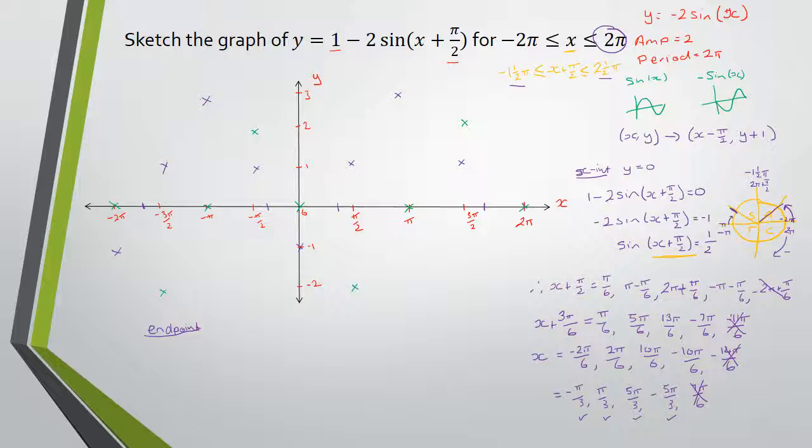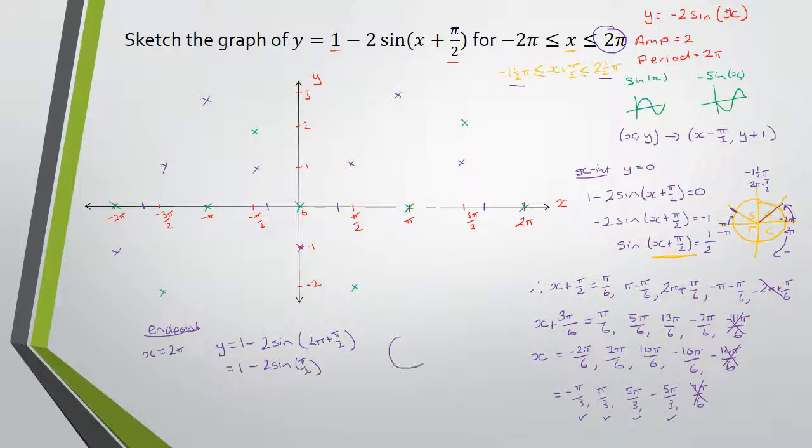We also need to consider, of course, our endpoint. So we've already got one sorted, we know the negative 2 pi value, but we need to just clarify what happens when x is equal to 2 pi. If I substitute this into the equation, we get 2 pi plus pi over 2. Now 2 pi plus pi over 2, that's just the same as what's happening at pi over 2.